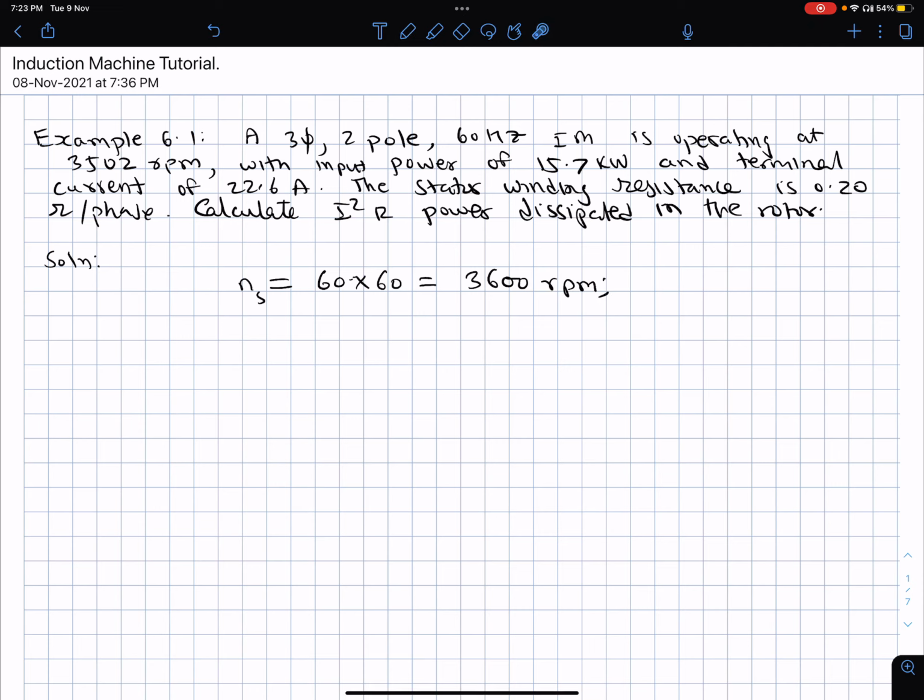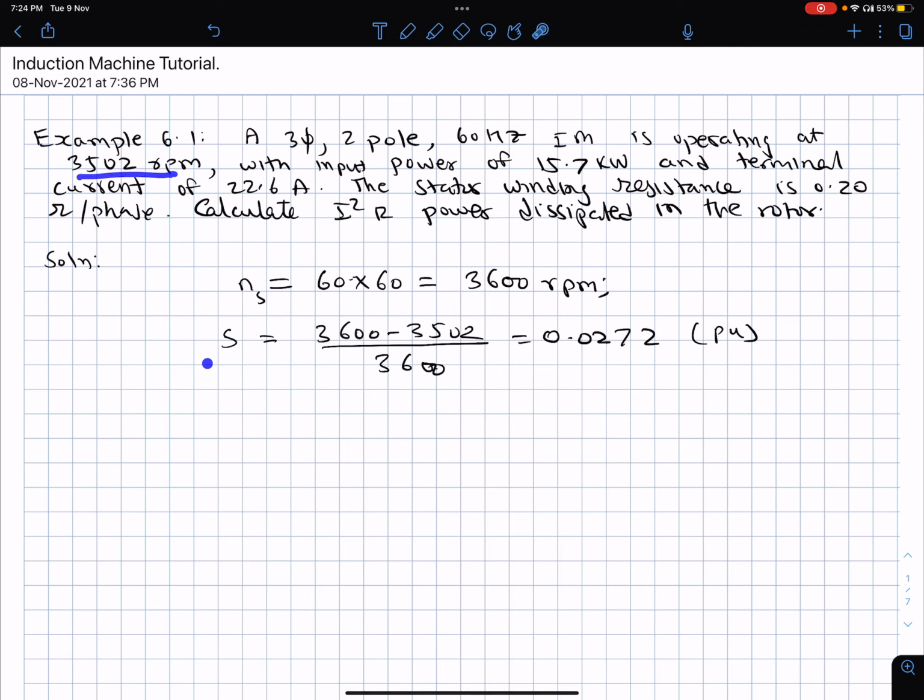And it is told to you that it is operating at 3502 RPM. So you can immediately see that the slip is going to be (3600 minus 3502) divided by 3600. This is going to be the slip, which is 0.0272, and this slip is in per unit. It's a dimensionless quantity. If you want to say it in percentage, it is 2.72%.